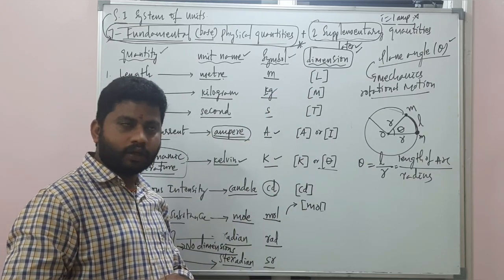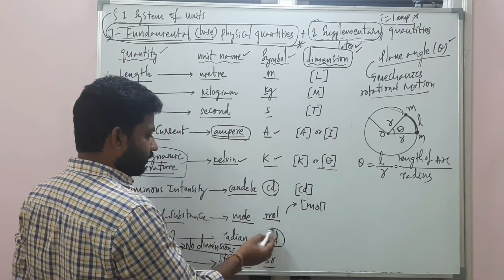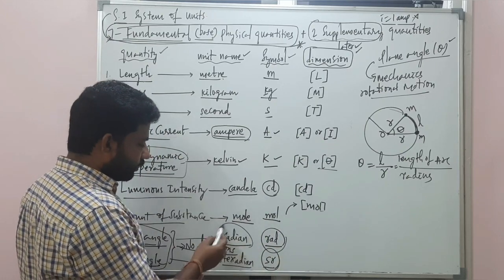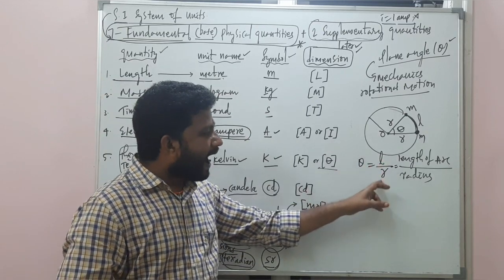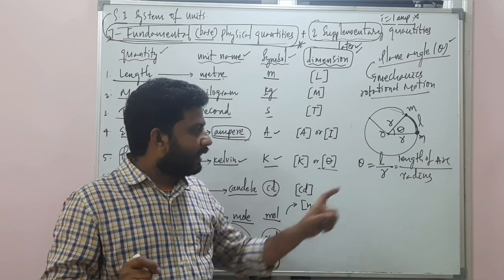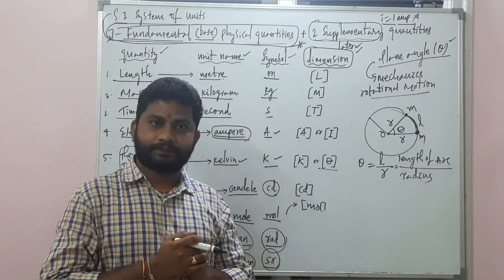Understand? So the symbol is there: radian, steradian. It's a unit. Radian, steradian. But the ratio, as these two are lengths, theta will not have any dimensions.